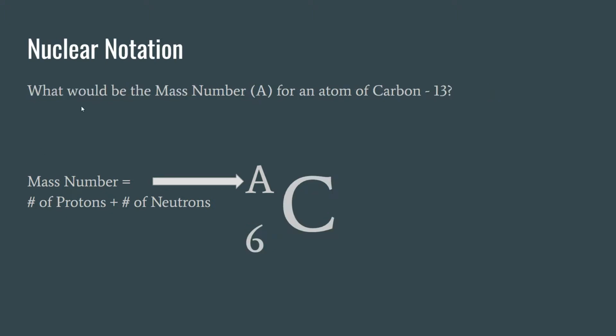In this case, what would be the mass number for an atom of carbon-13? Since I'm giving you the isotope name of carbon-13, I'm just going to focus on that 13, and that's the mass number. And I'm just going to write that in. And so here we've built the complete nuclear notation symbology for carbon-13, and we have finished it.